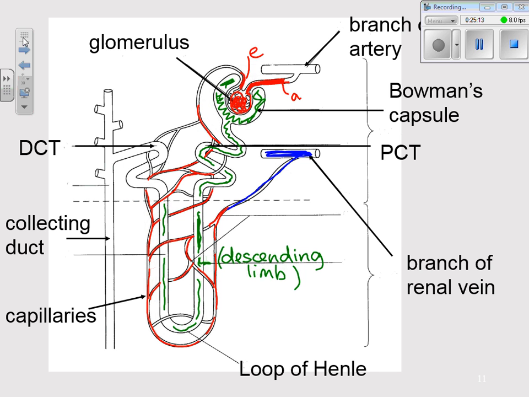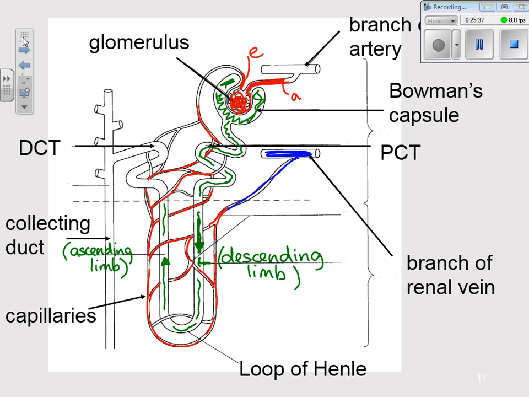So put that in brackets, if you've got space, because the filtrate is coming down here, and then it comes up the other side, so not surprisingly, this is the ascending limb. But we will deal with the loop in its own right, so we'll definitely be coming back to those. At the moment, it's just an overview.